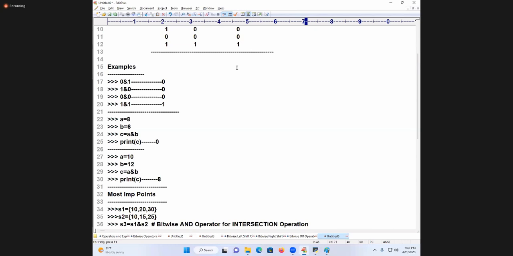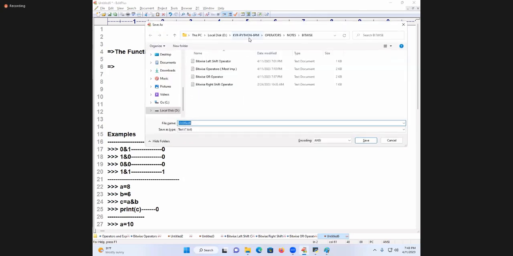I will explain a shortcut process for AND operation when I come to the if else ternary operator. There I will explain. Are you following up to here? Bitwise OR and AND operator clear? Right. So I hope bitwise AND operator is clear.